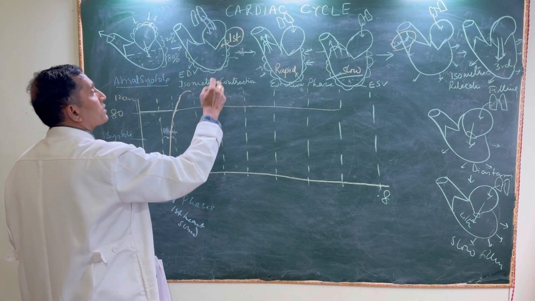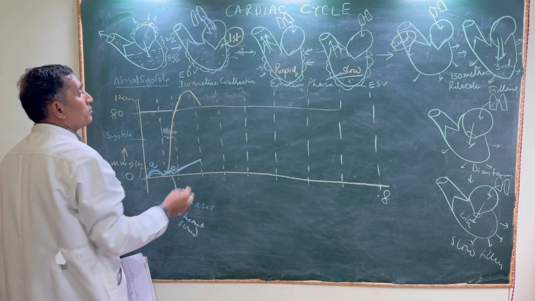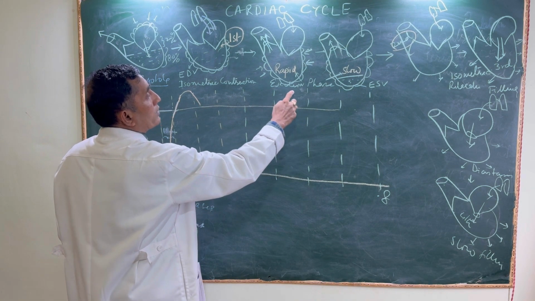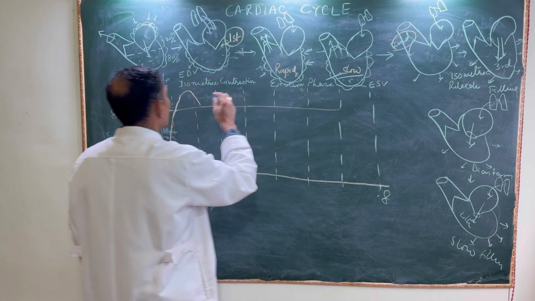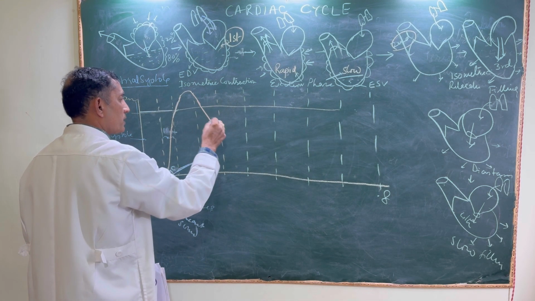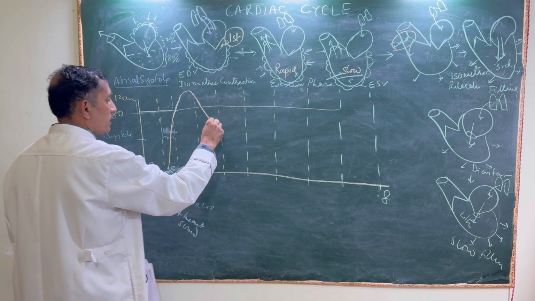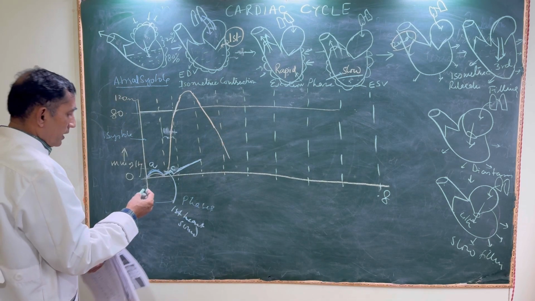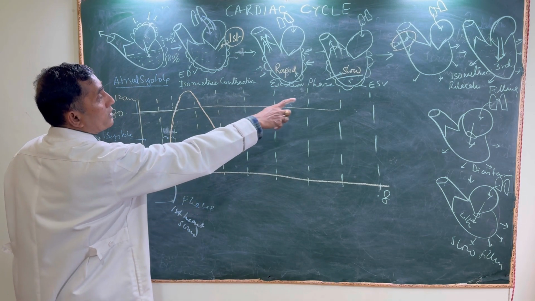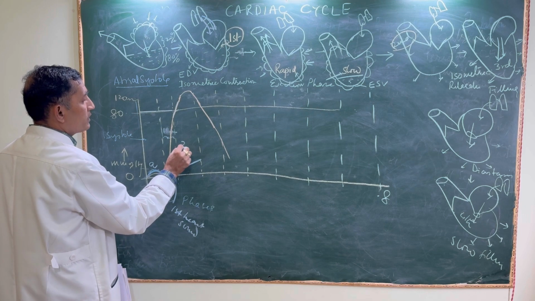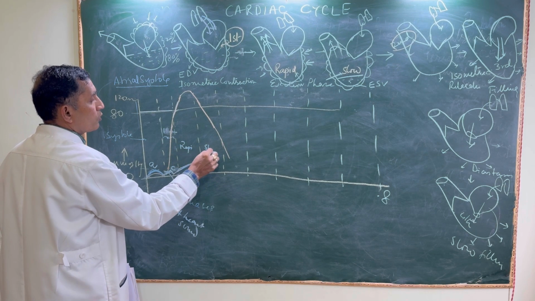Then because of the ejection, first there is rapid ejection and then slow ejection. Because of this ejection, the pressure again comes down. This is rapid ejection and this is slow ejection.